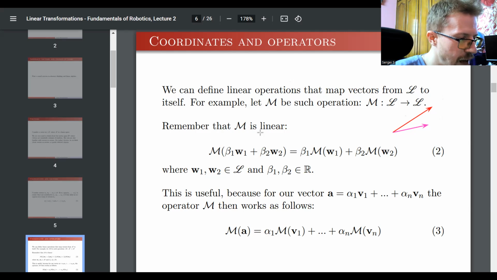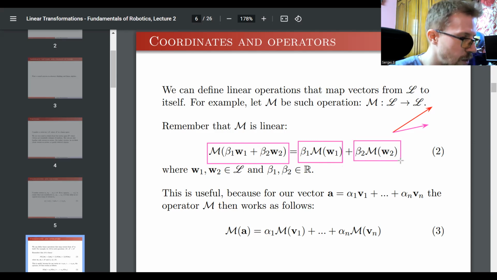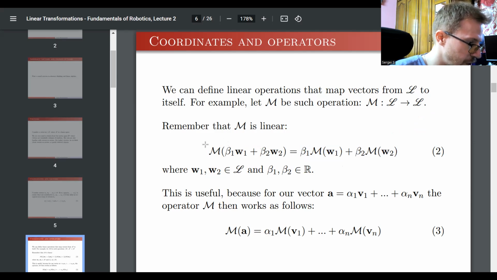Now, M is a linear operator. What it means is there is a property of linearity here. So M of a linear combination is the same as a linear combination of M's. So let me show it again.